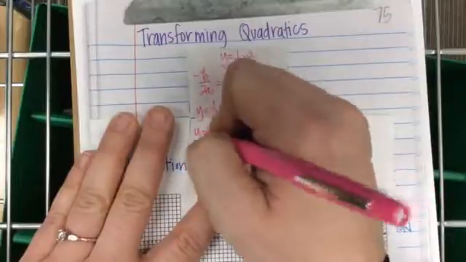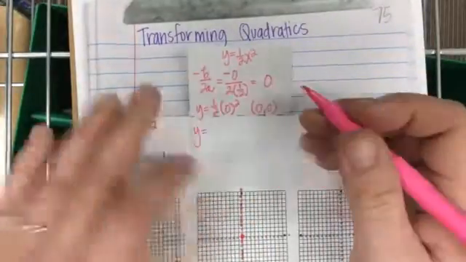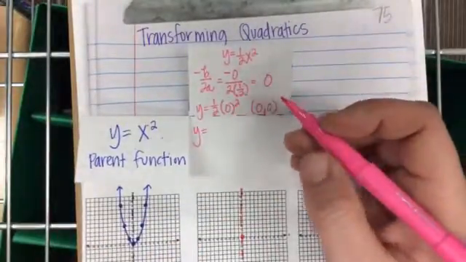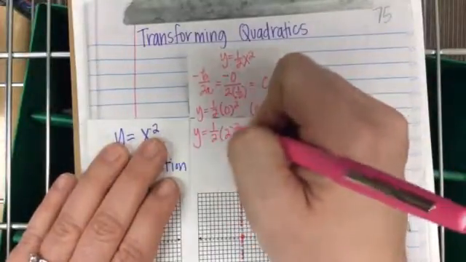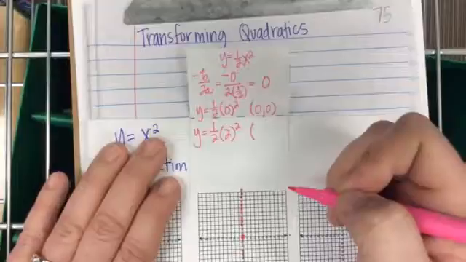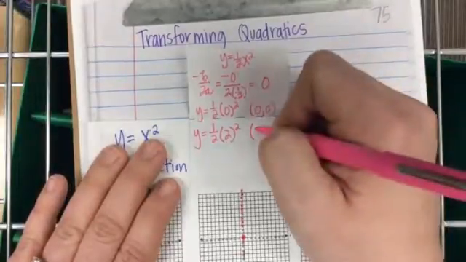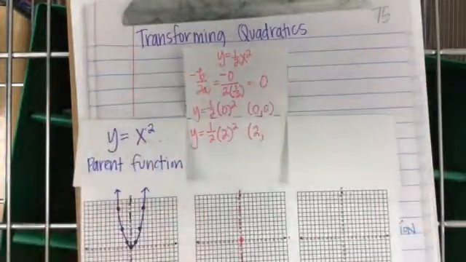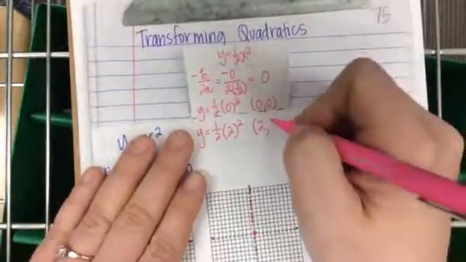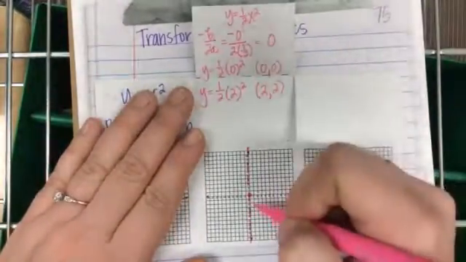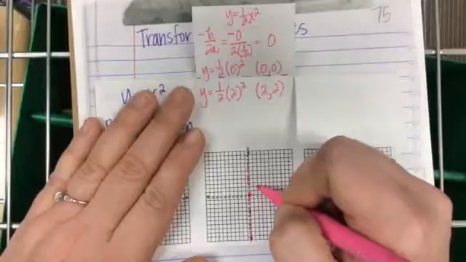So y equals, usually I'd substitute 1 because it's one space away. However, this time I'm going to substitute 2. So I substituted 2. All right, 2 squared. 2 times 2 is 4. Times 1/2 is 2. So my first ordered pair is over 2 up 2.